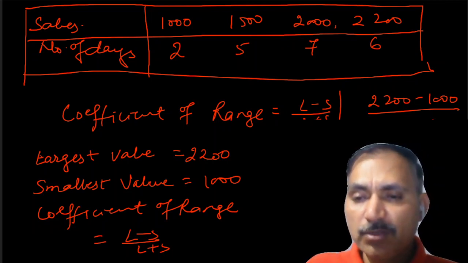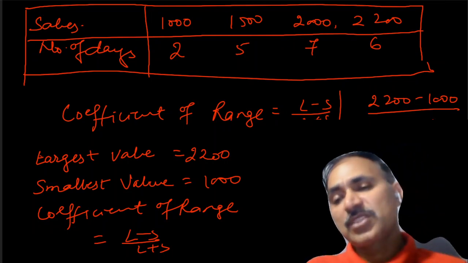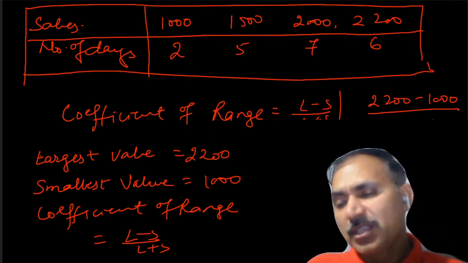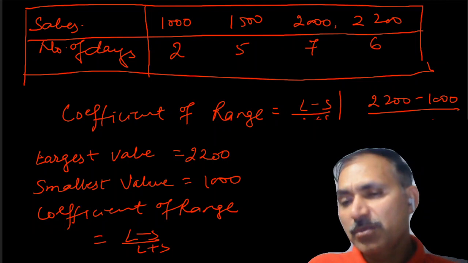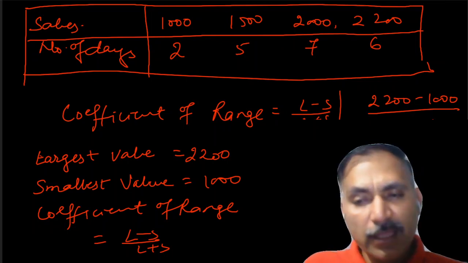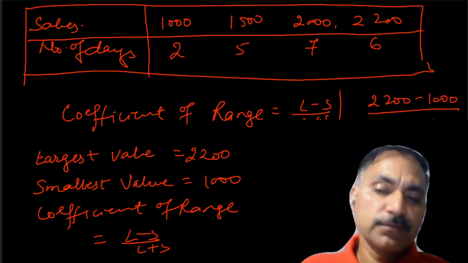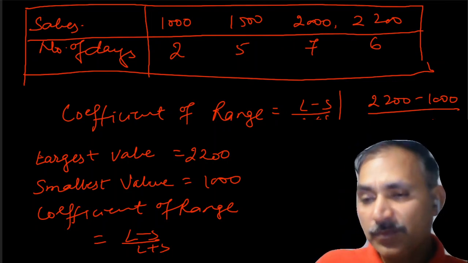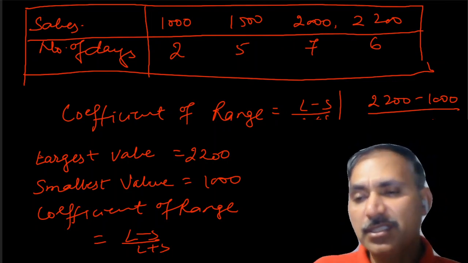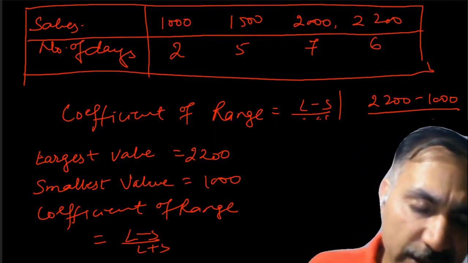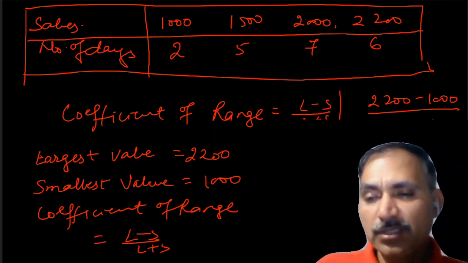So it is nothing but 3 by 8. If you want, you can write this in decimal. You can keep the answer in fraction if you want. Otherwise, you can just divide 3 by 8, and whatever comes in decimal, you can write that also.